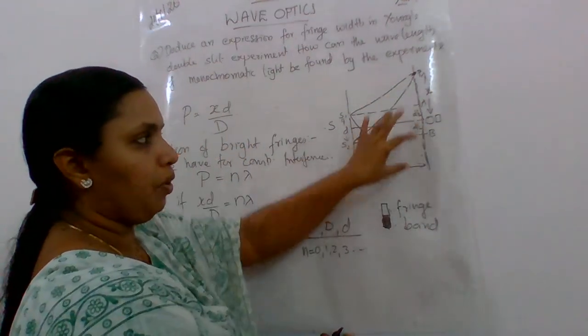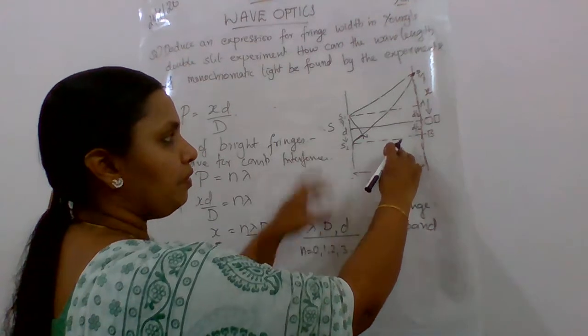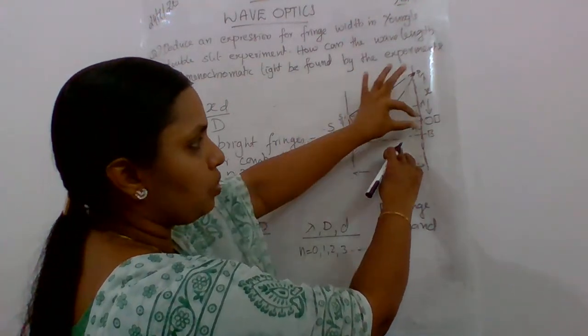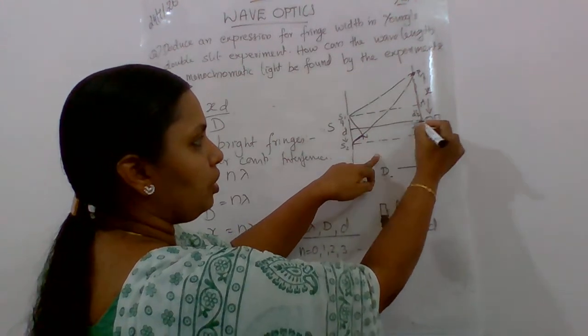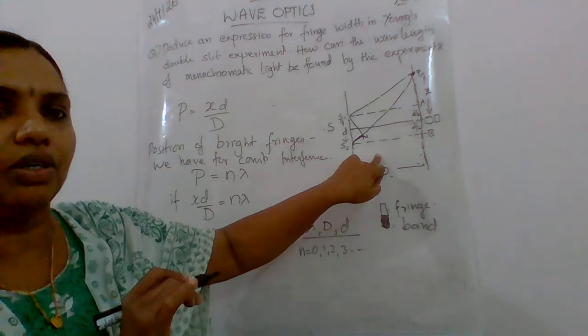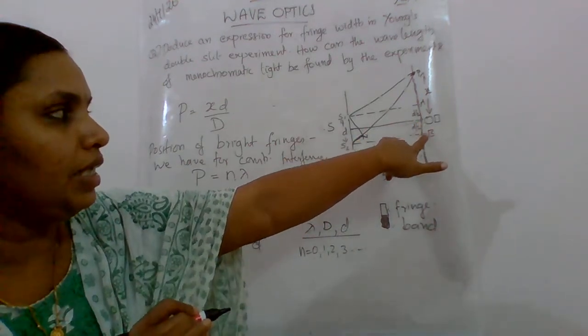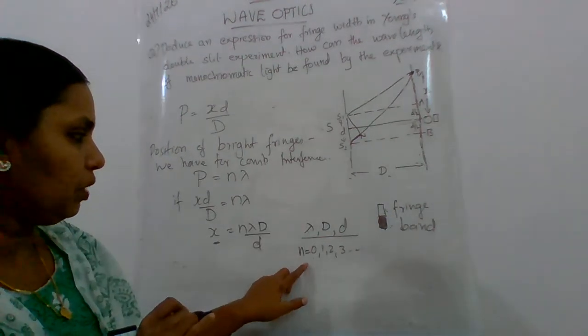Here there is no phase difference or path difference between the waves coming from S1 and S2 towards O, since the distance traveled is the same. So at the center O, it will be bright. That is n is equal to 0.